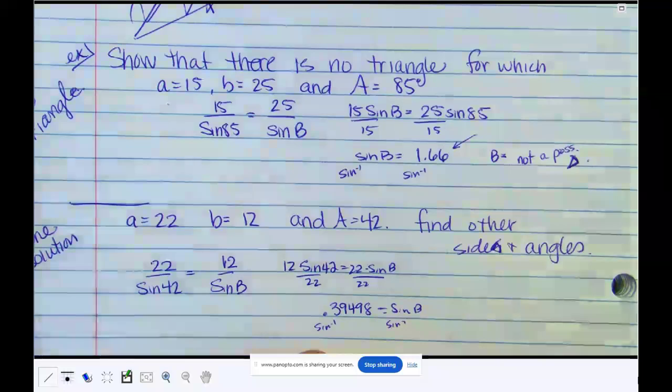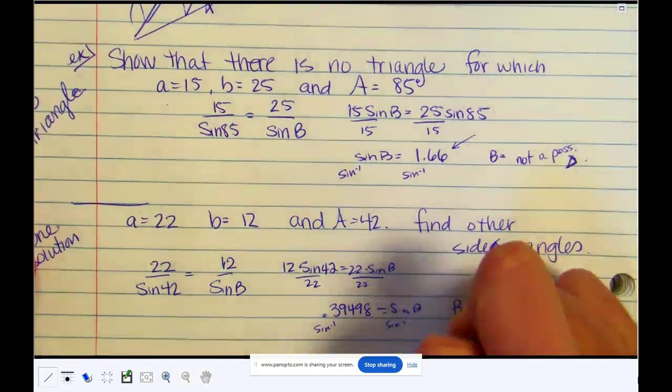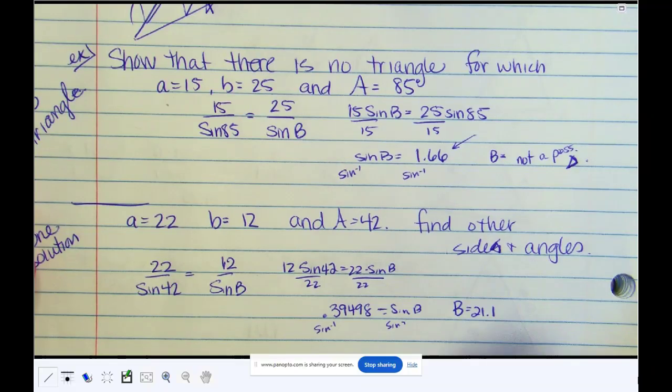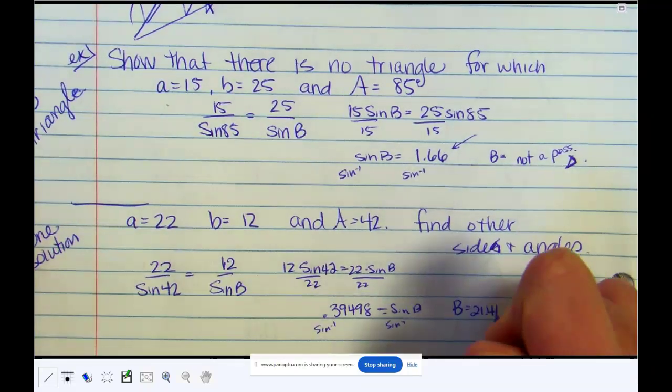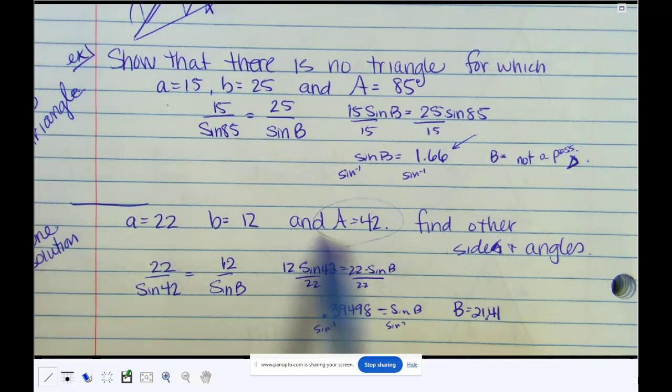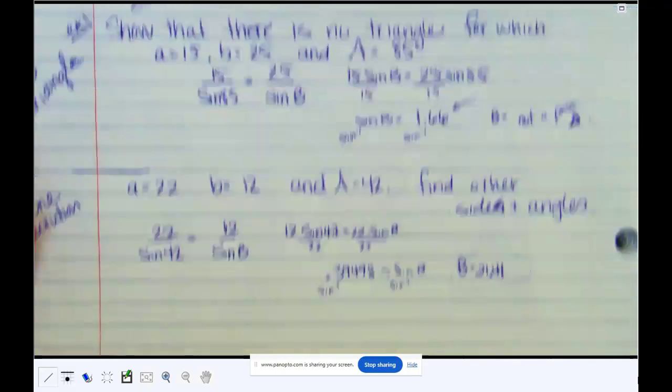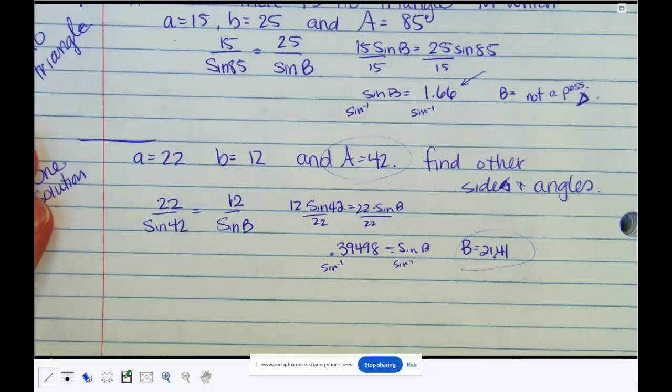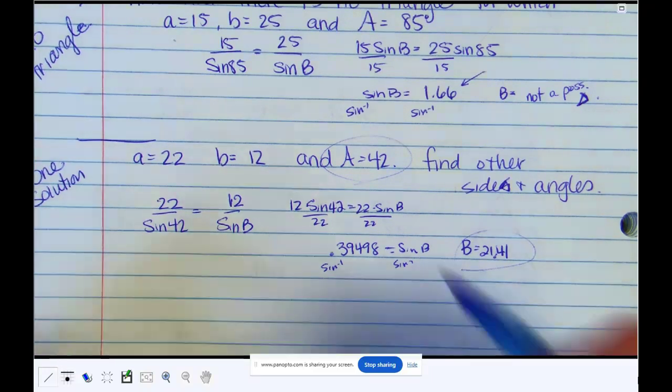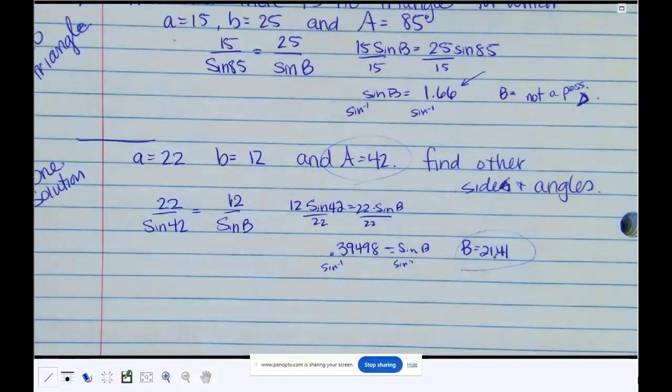What do you get for angle B? 21.41. So, if you have to find the missing angle, you know one is 42 and one is 21. What's the other one? Or tell me how you find it. You subtract both of those from 180 and you can find the other one.